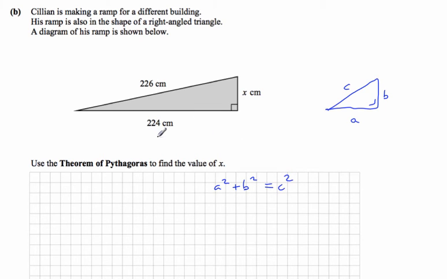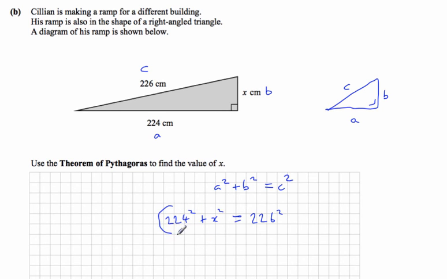Okay, so I'd label this A, this would be B, and the hypotenuse would be C. So if we apply Pythagoras to our diagram, we get 224 squared plus x squared is equal to 226 squared.